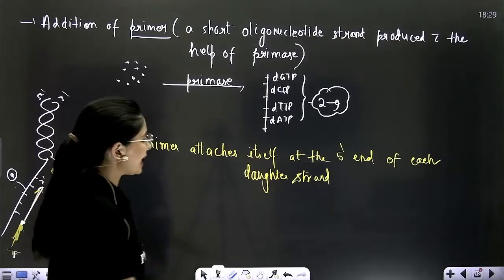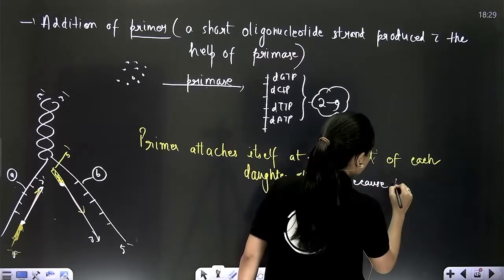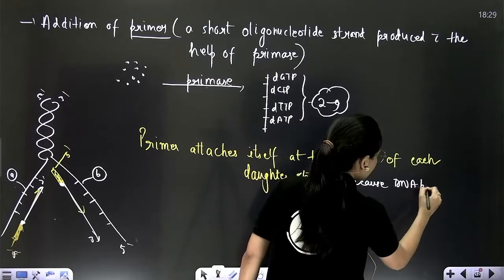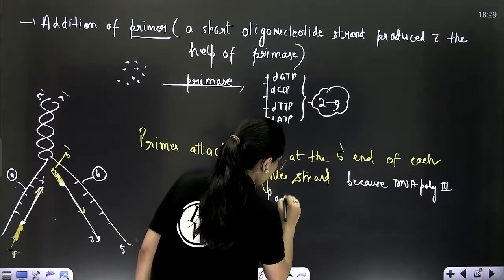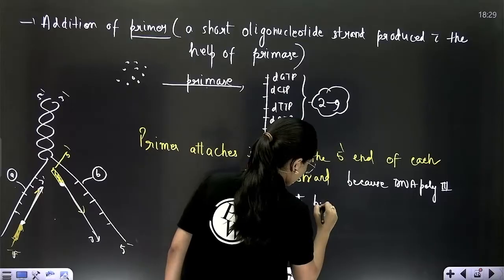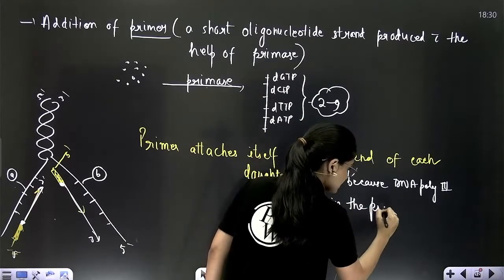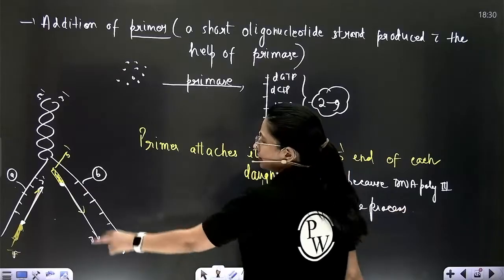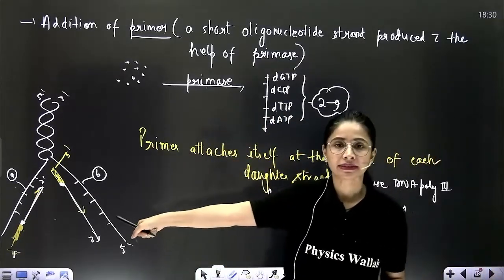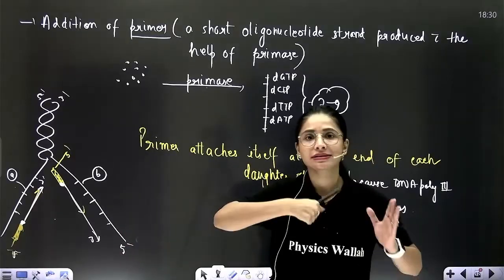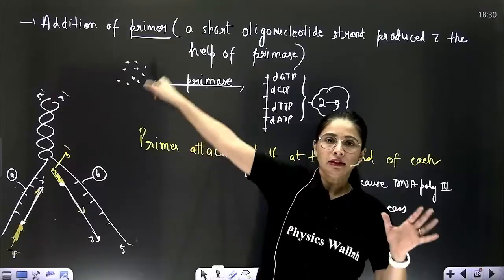So primer attaches because, beta, DNA polymerase 3 fails to begin the process. Hence, a primer is required to attach in the beginning so that now DNA polymerase 3 can join the process and let the whole replication follow till the top.